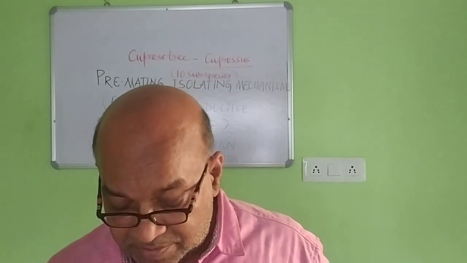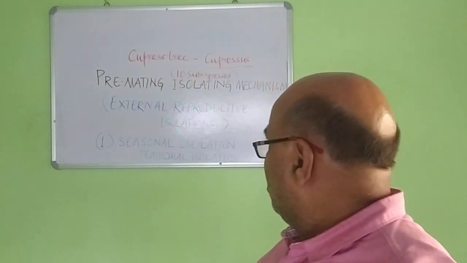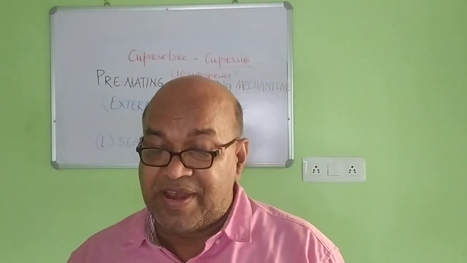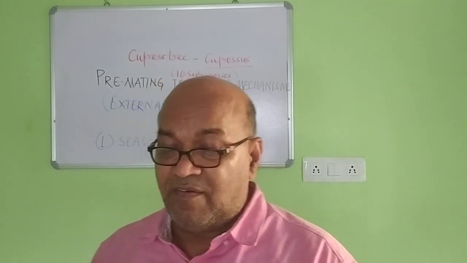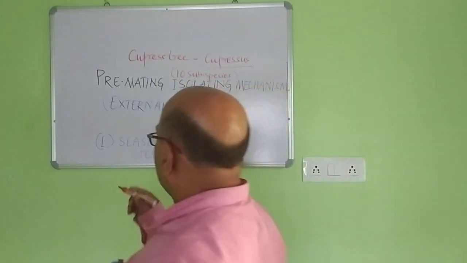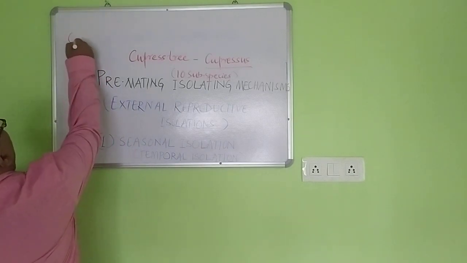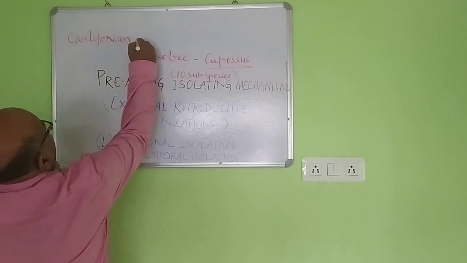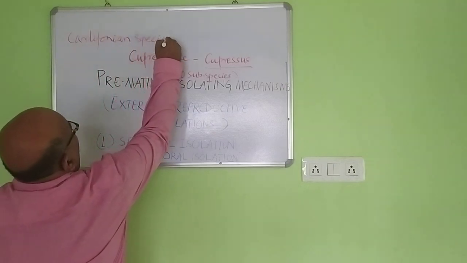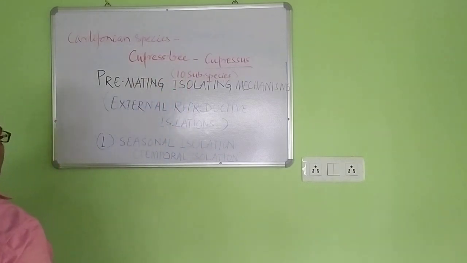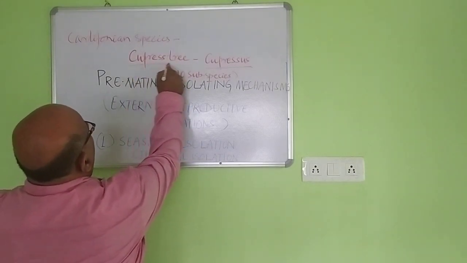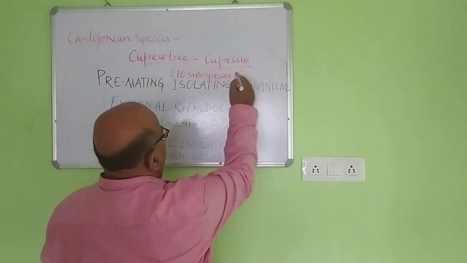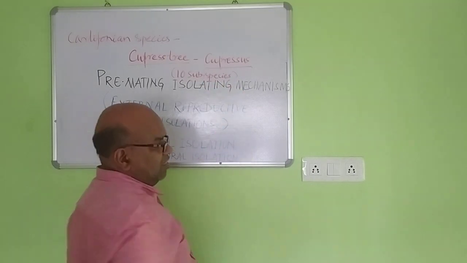For example, you find the Californian species. Under it, you can take the example of the cypress tree, whose generic name is Cupressus, which has 10 subspecies.